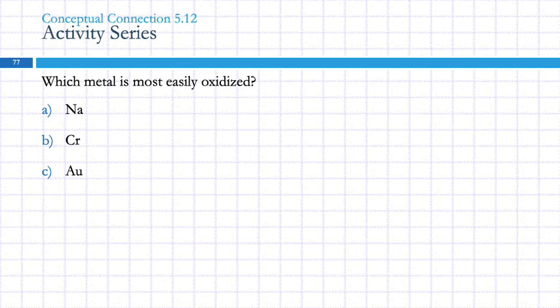Which metal is most easily oxidized? So here we have the elements, and in this reaction where they would get oxidized, they would end up with a charge at the end, meaning they're going to get the girl. So what we're looking for here, which is most easily oxidized, which one is highest on the list?